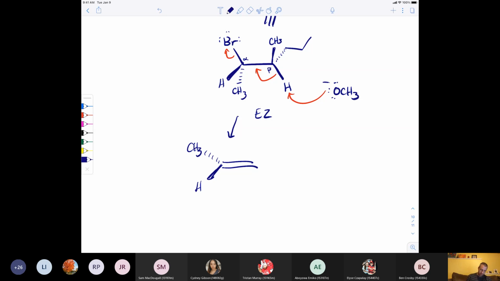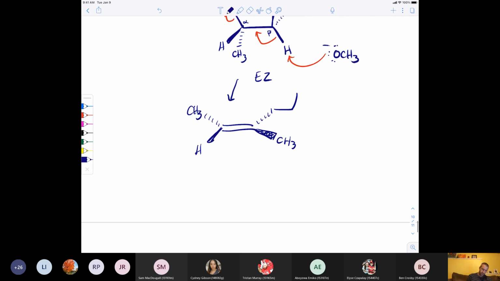And the other two groups, the methyl is towards us. Propyl is back. And we're looking at that kind of side-on view. That's the same thing as methyl hydrogen. Like that. So you can do it with Newman or you can do it without Newman, whichever you find easier to draw.